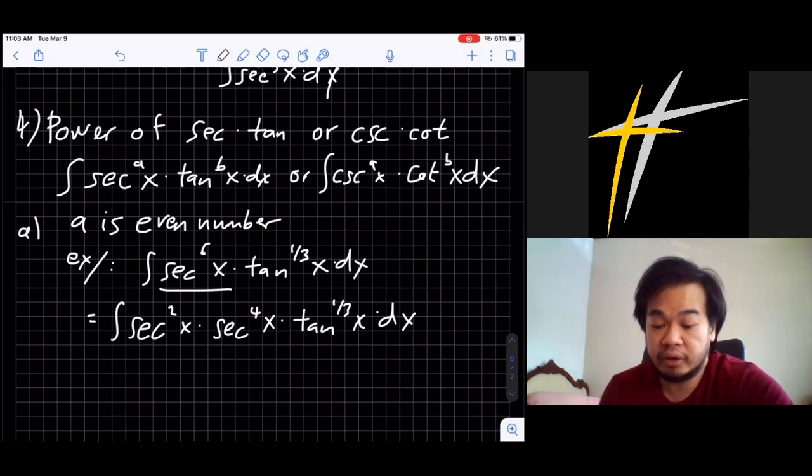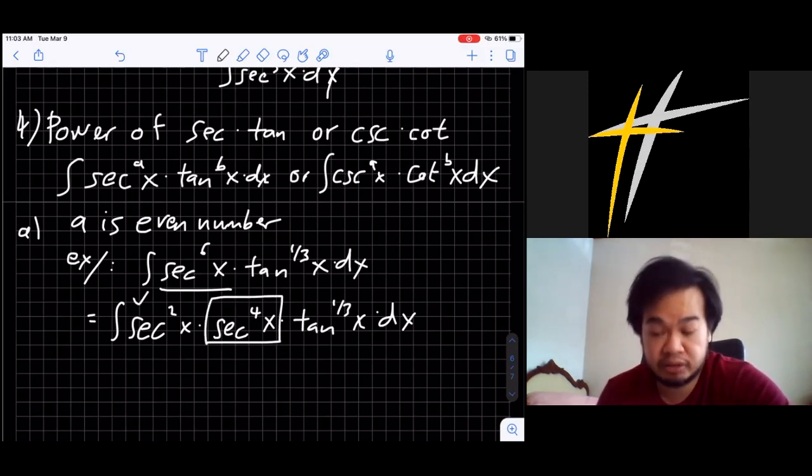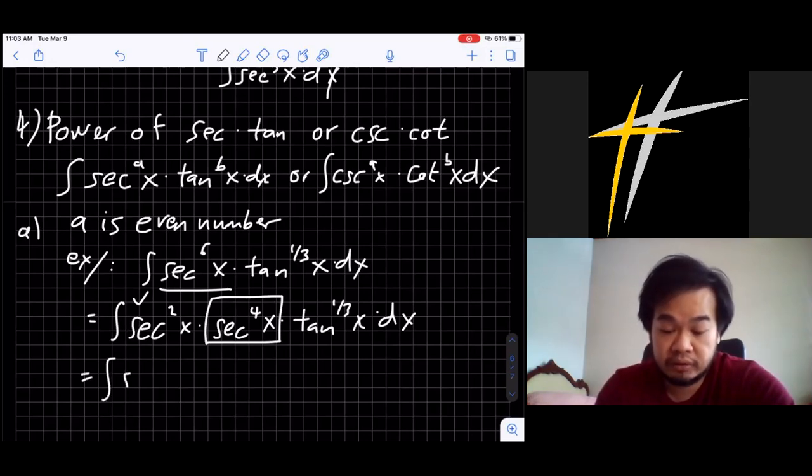After you change it, you will have the integrand in terms of tangent. Because the derivative of the inside function of tangent is secant square, we keep the secant square x, which will be used later to cancel the derivative of the inside function of tangent.